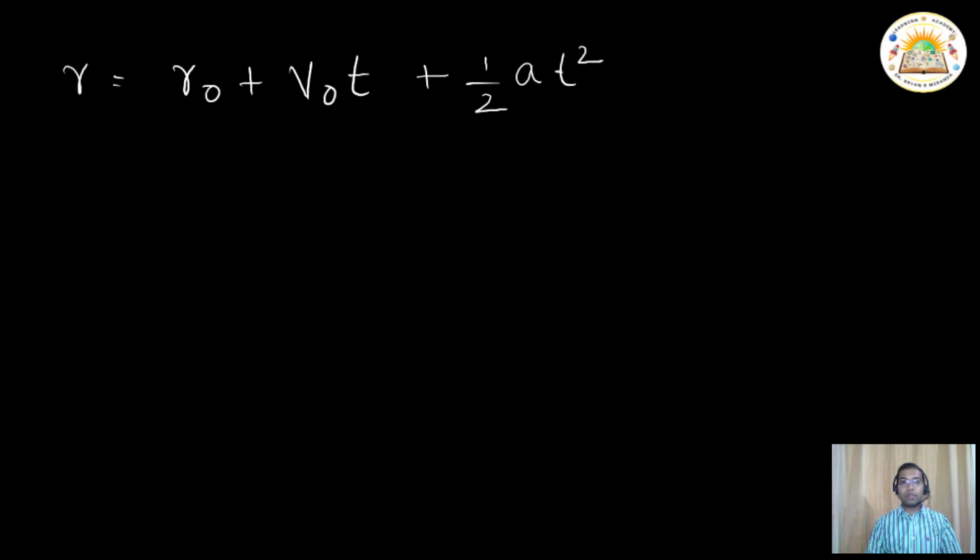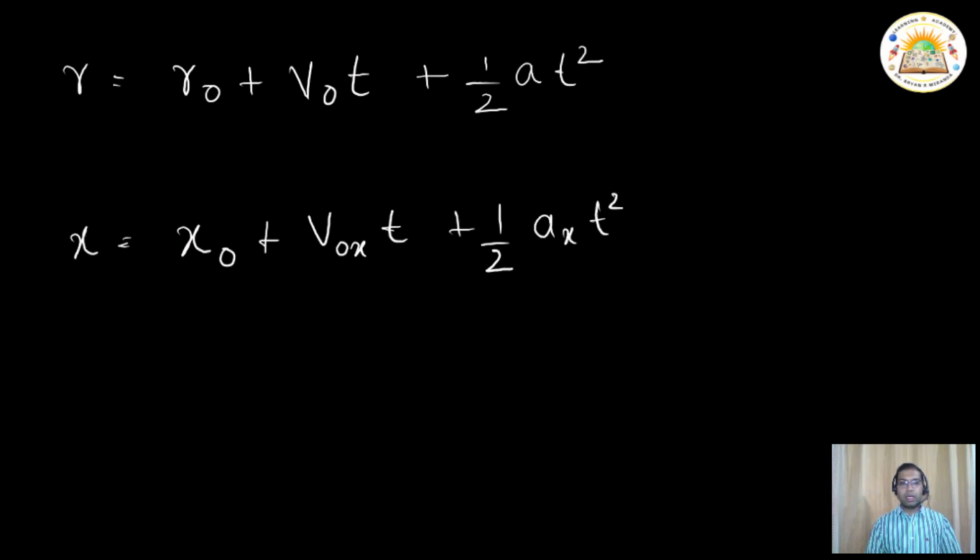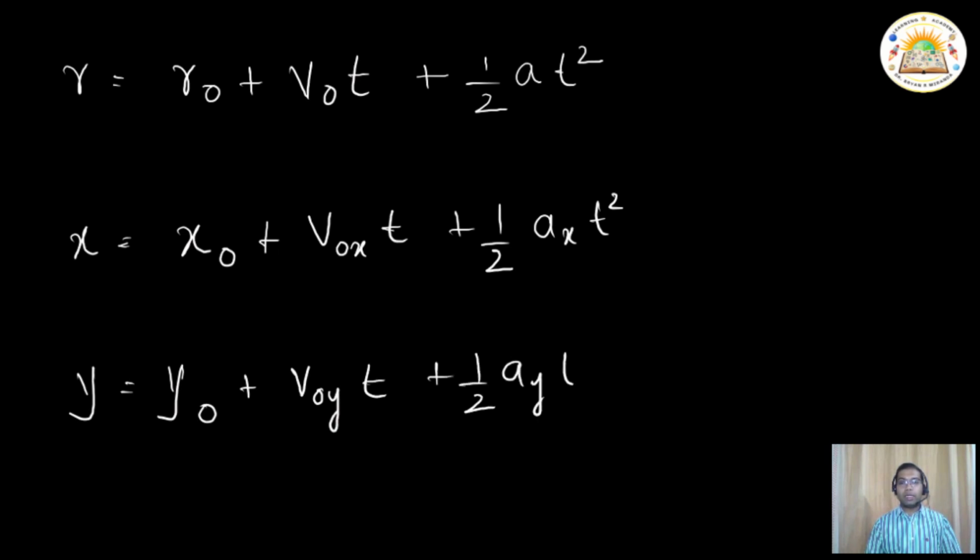In terms of its components, x will be nothing but x0 plus Vox into t plus half ax t square. This is the position along the x-axis. The position along the y-axis, y is equal to y0 plus Voy t plus half ay t square.